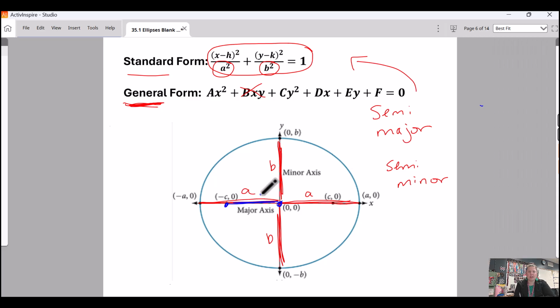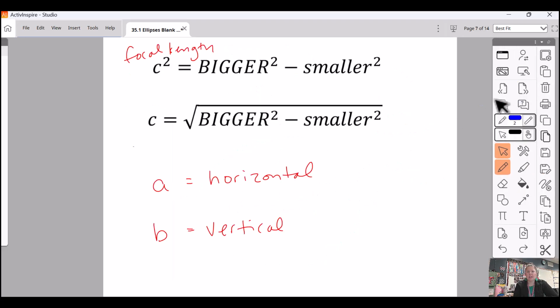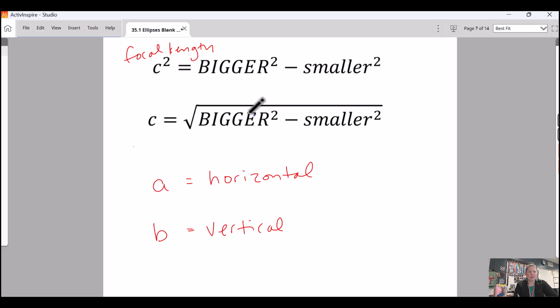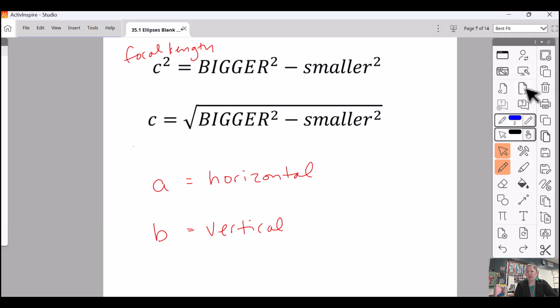So this distance here is C, and this distance here is C. The way we come up with this C value is we take the larger number, in this case A, so the bigger denominator minus the smaller denominator, and then we square root it, because it looks sort of like the Pythagorean theorem. So C is equal to the square root of the bigger denominator minus the smaller denominator. That's where C is coming from.